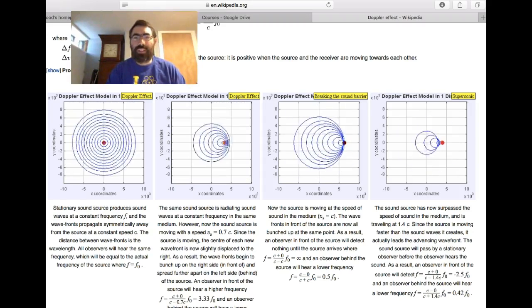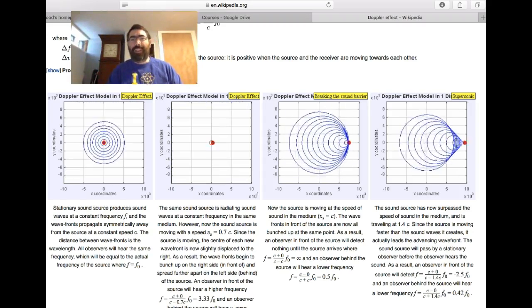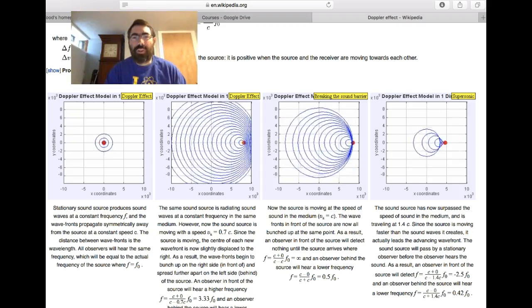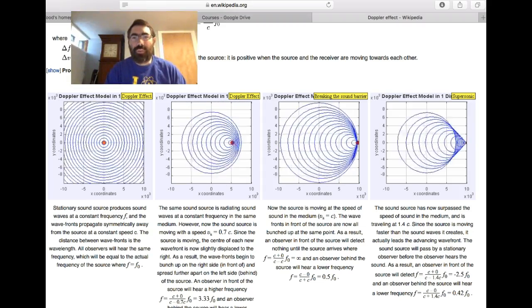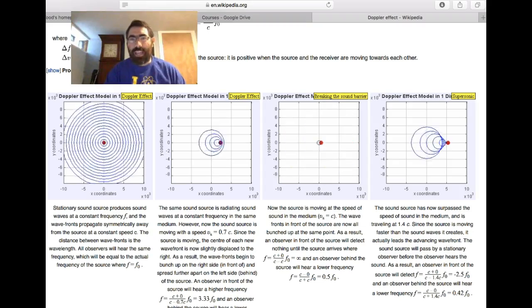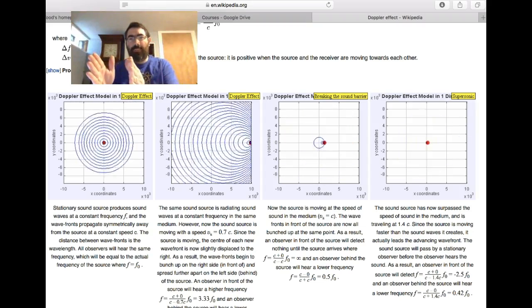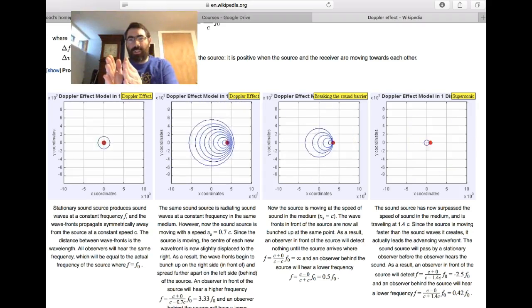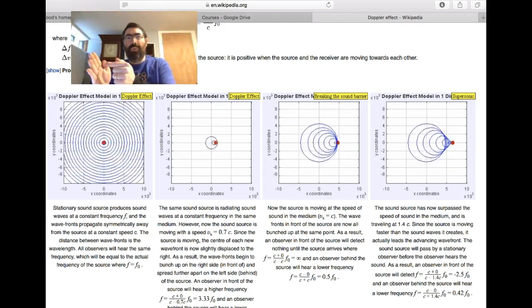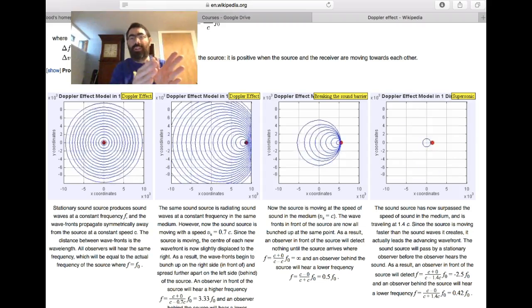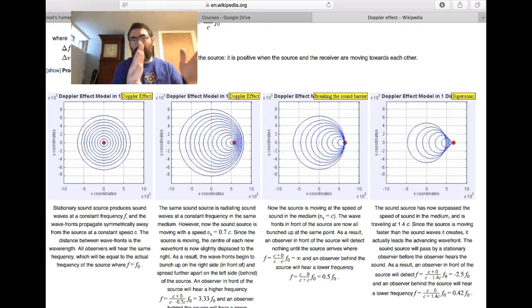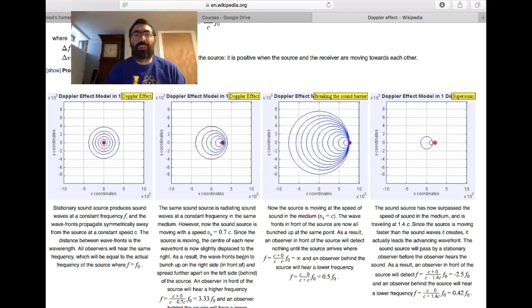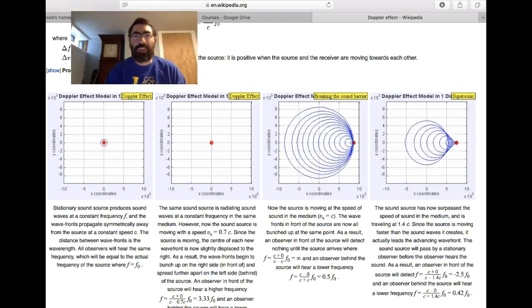And what you can see in the next graphic over is that the source is moving, that little red dot, and so the wavelength observed is starting to get shorter and shorter because the source is basically moving into the sound. And on the left-hand side, the wavelengths are starting to get wider and wider. That's what we used to calculate what the Doppler effect was.